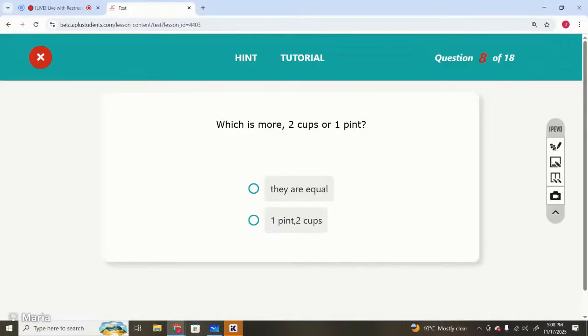Which is more, 2 cups or 1 pint? They are equal. 1 pint is equal to 2 cups, so they are equal.